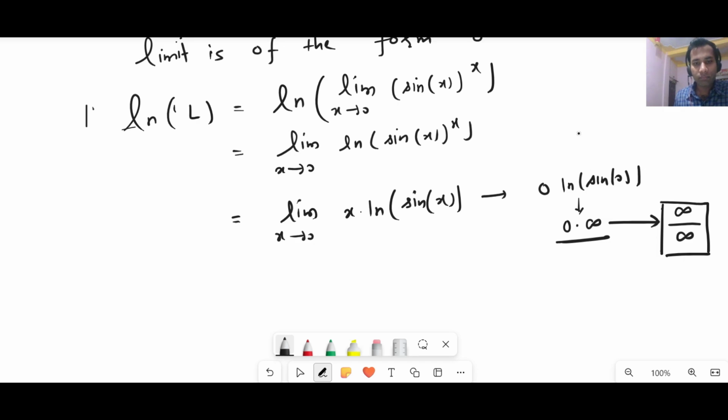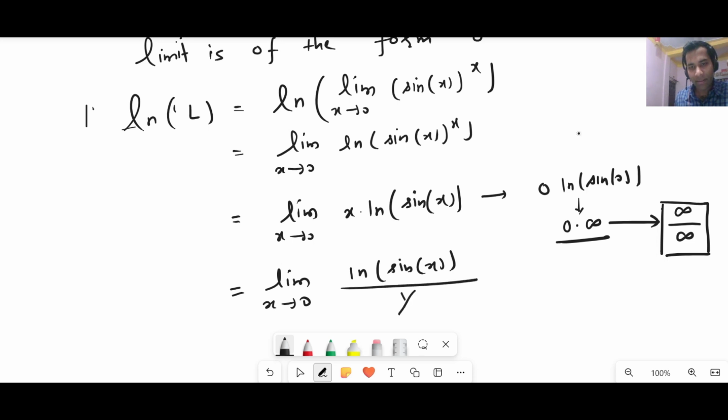So further, we will take the limit x tending to 0. We will divide this log of sine x by the function 1 by x, because these two are equivalent, since we have divided the natural log of sine of x by 1 by x.